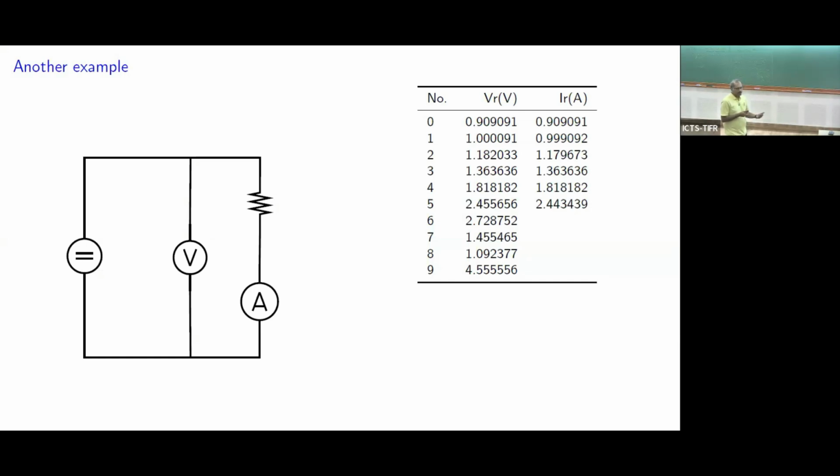Okay, so here also you are using a model for the relationship between voltage and current, right? So you're using Ohm's law for that. So if you try to plot voltage values on this axis and current values here, okay, then this slope here tells you what the resistance is, right?